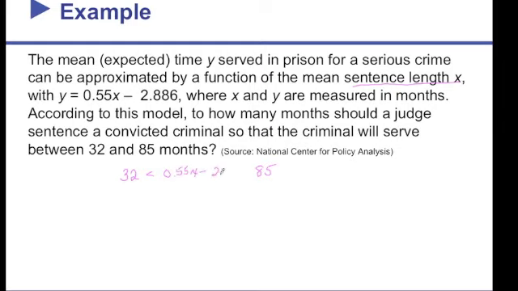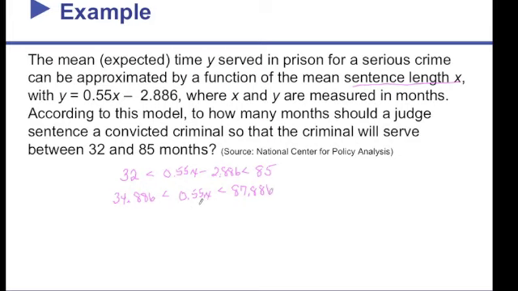Let's fill in y between those. We can solve it by adding the 2.886 to all sides. That'll give me 34.886 less than 0.55x less than, adding 2.886 to each side, 87.886.